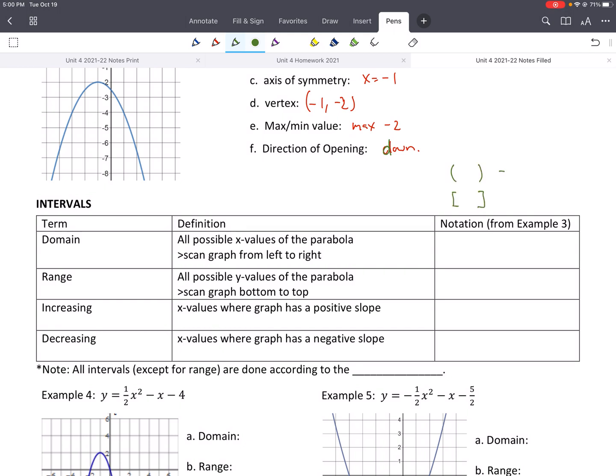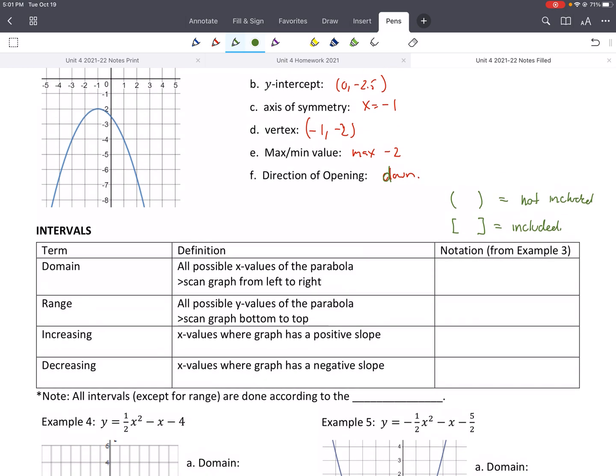So parentheses, we use when they are not included. And we'll talk about that a little bit more. And brackets are for when it is included. It's kind of like the difference between less than and less than or equal to. Okay, if that helps.